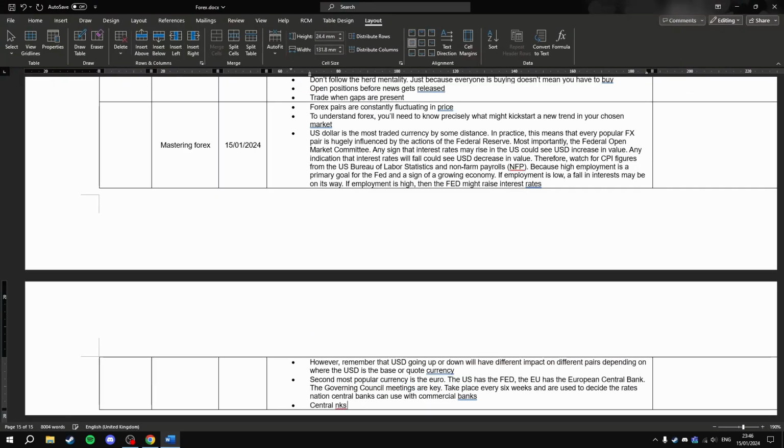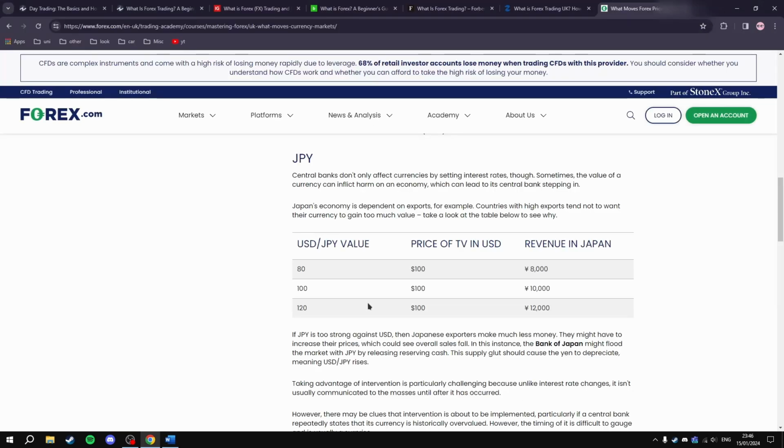So central banks don't only affect currencies by setting interest rates.